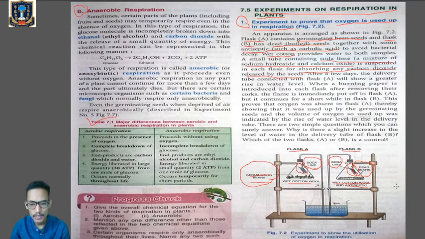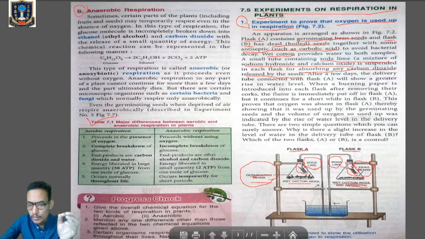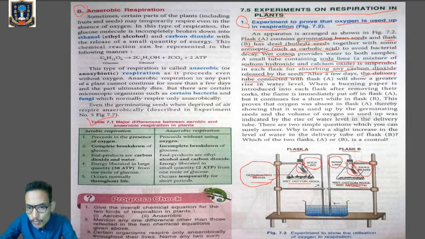Now the setup is ready, and we are putting it in a place for a few days in proper light and proper temperature. Now we have to observe it after a few days. That is called observation. What will we observe? After a few days, we will observe that the delivery tube connected with flask A will show a greater rise in water level.